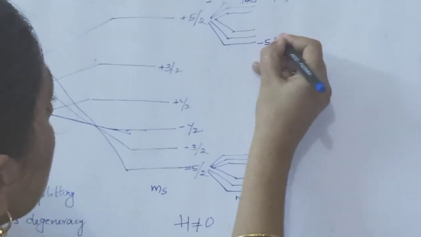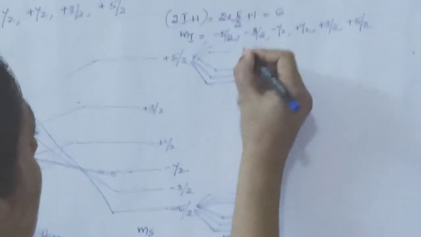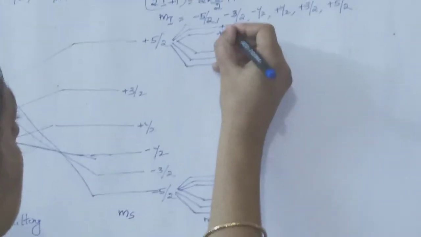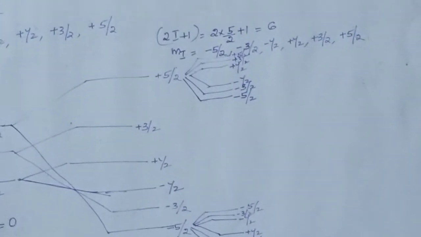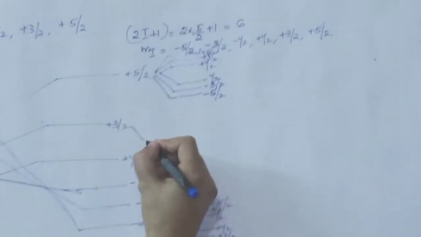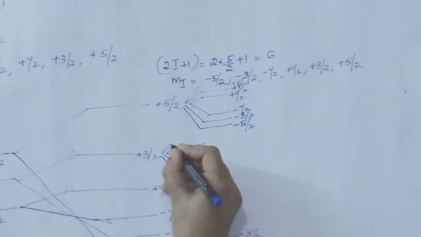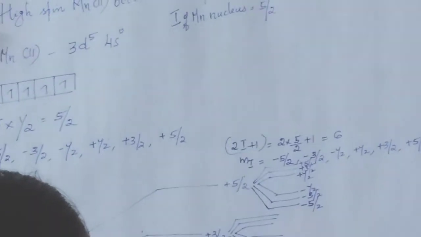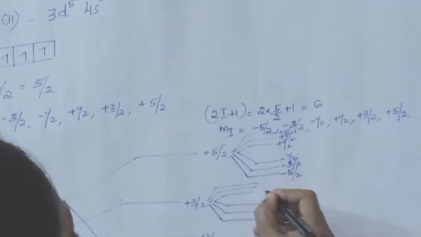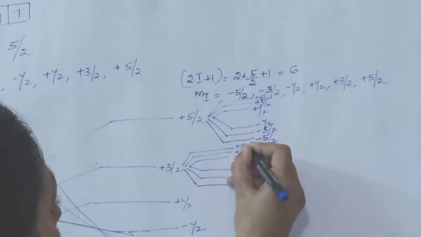Here the lowest energy will be minus 5/2, minus 3/2, then minus 1/2, then plus 1/2, then plus 3/2, then plus 5/2. One more example I will work out, for plus 3/2.